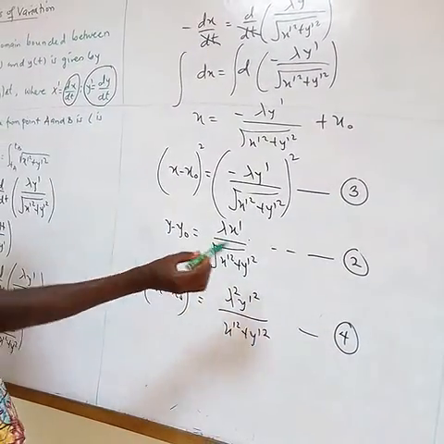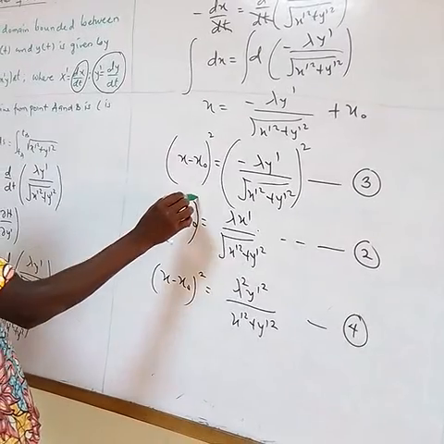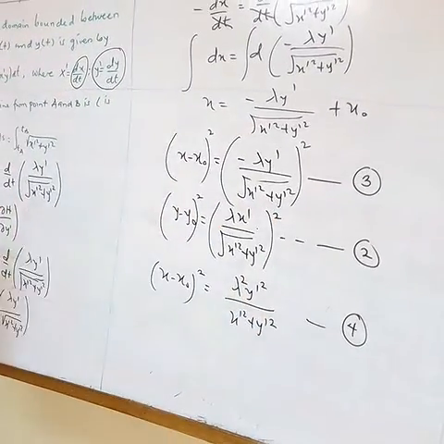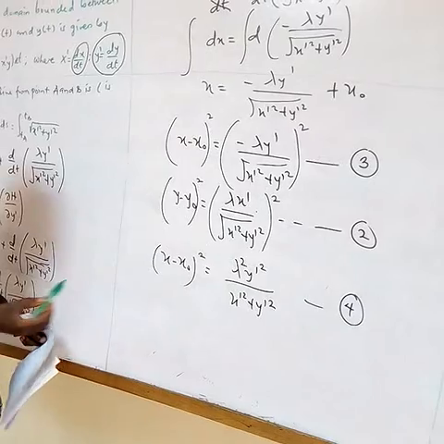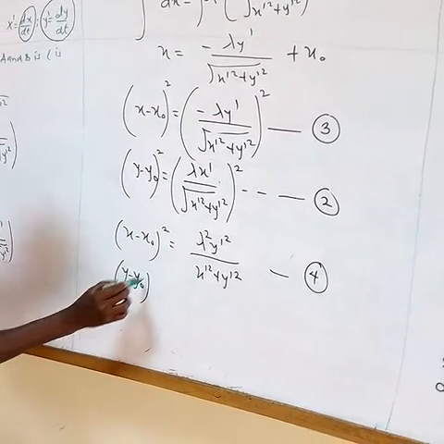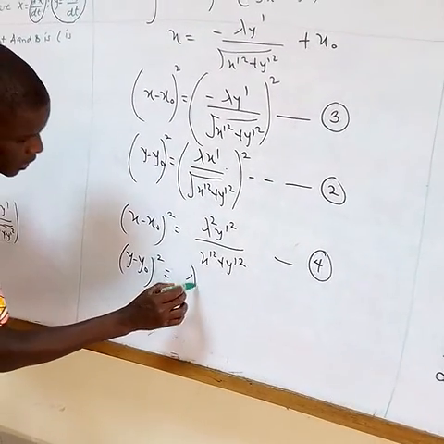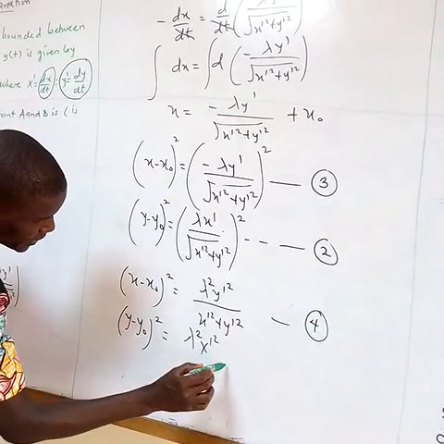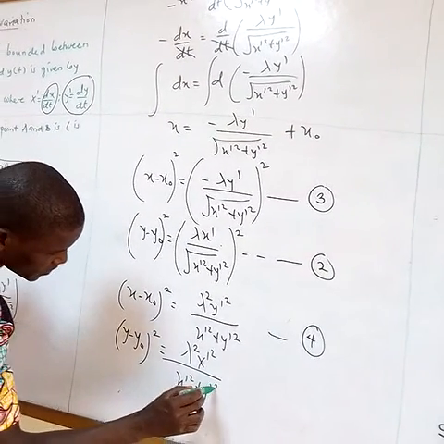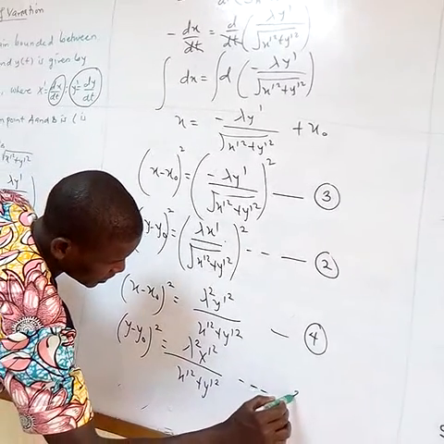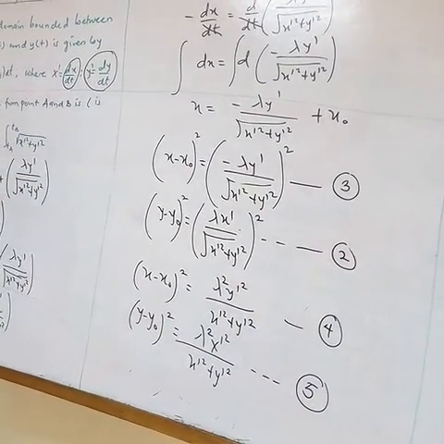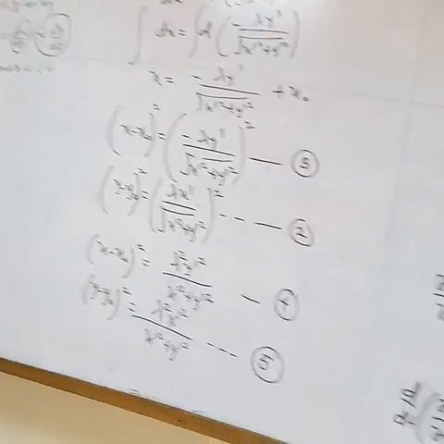What about equation 2? Let's square both sides of equation 2 also. By the time we square both sides of equation 2, what we are going to have will be (y minus y₀)² is equal to λ² x'² over x'² plus y'². Let's label it equation 5. So let's add equation 4 and equation 5 together.